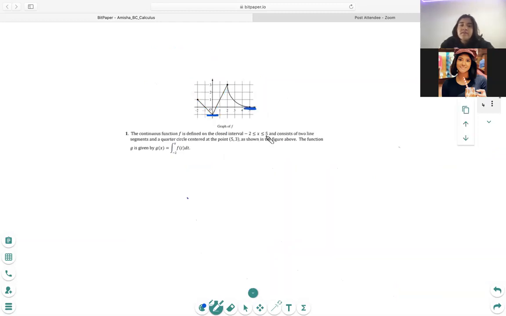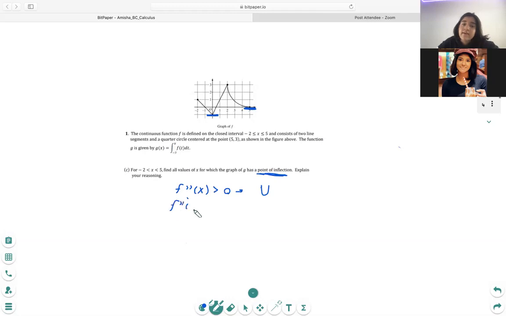All right, and now part C, for the interval -2 to 5, find all values of x for which the graph of g has a point of inflection. So when we think about point of inflection, we immediately think about the second derivative and concavity. We know that if f double prime of x is greater than 0, we are concave up.